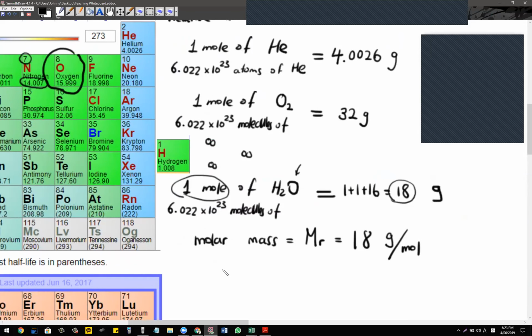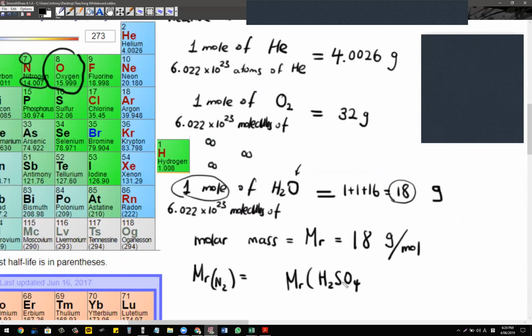What is the molar mass of N2? What is the molar mass of H2SO4? Try that. So what's the molar mass of N2? You can type your answer.